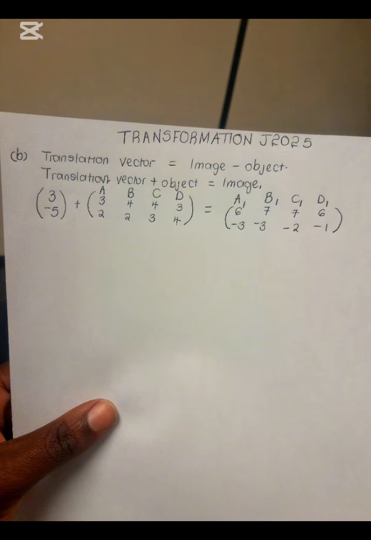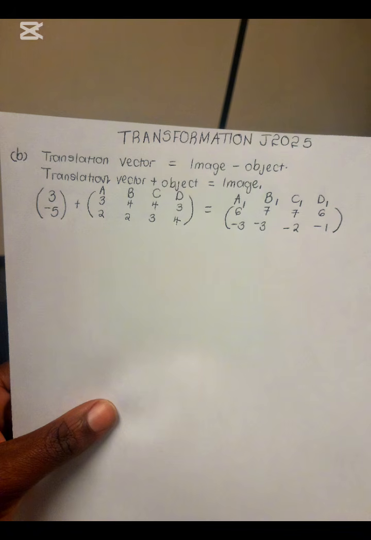And then we move on to C1. For us to get C1, we say the translation vector plus C: 3 plus 4 is 7, and -5 plus 3 gives us -2. So we plot 7 in the x-axis and -2 in the y-axis.